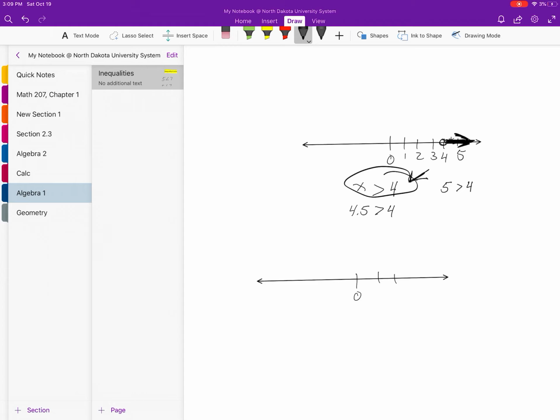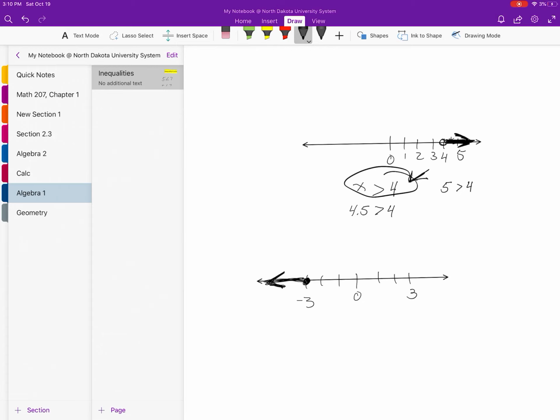Let's say, what would you say the inequality is for this graph? Well, we see that negative 3 is included, right? So we know we're going to have an equals with our inequality.